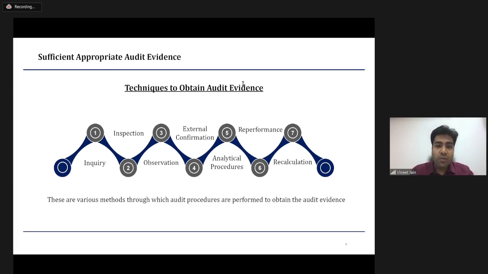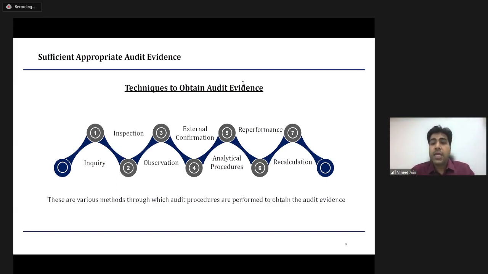Example: bank balance confirmation, debtor confirmation, accounts payable confirmation, legal confirmation. This is a very reliable form of audit evidence because there is no intervention of the management involved. It is all provided by the third party who is not related to the company we are auditing. So external confirmation is another technique to obtain audit evidence.